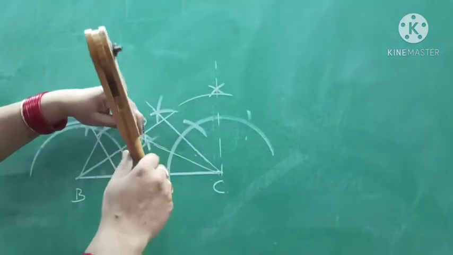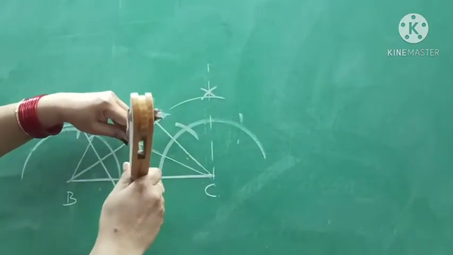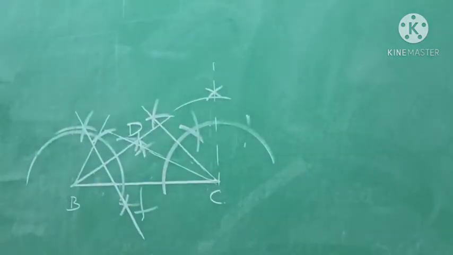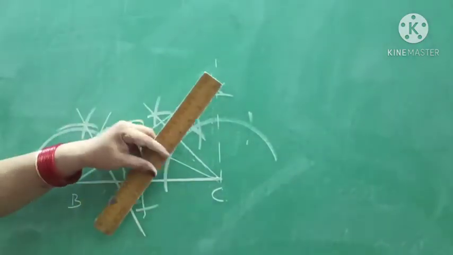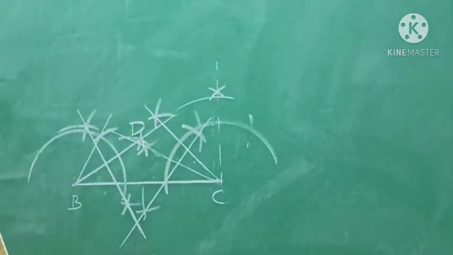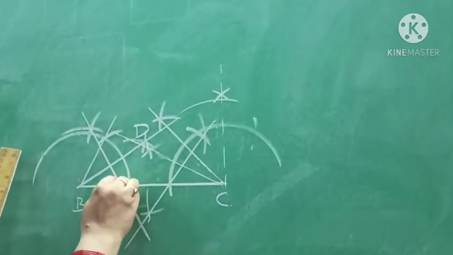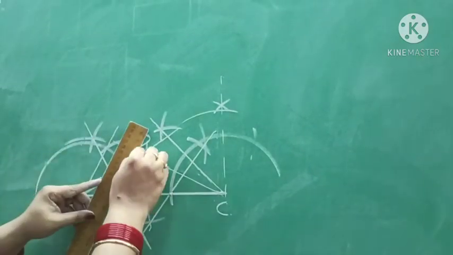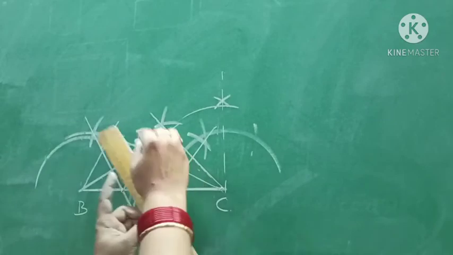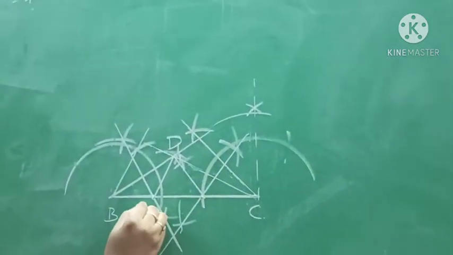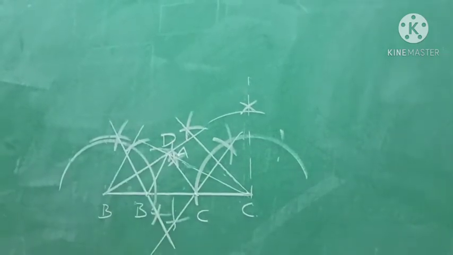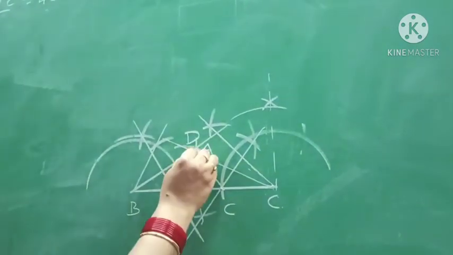It is a little bit clumsy, but we can't do anything. So now we have to join these two lines. This is D and this is C. So ABC is our required triangle. This is our triangle.